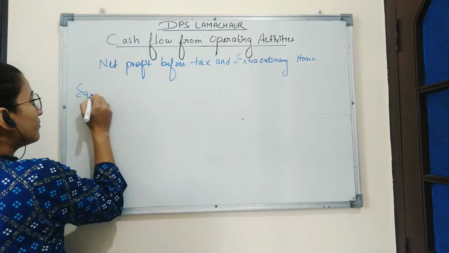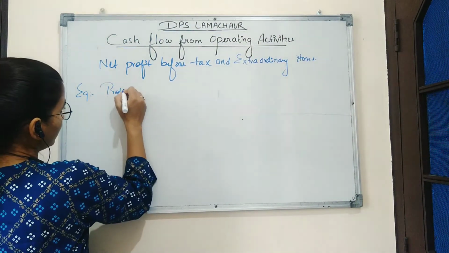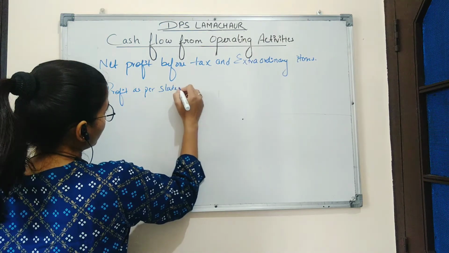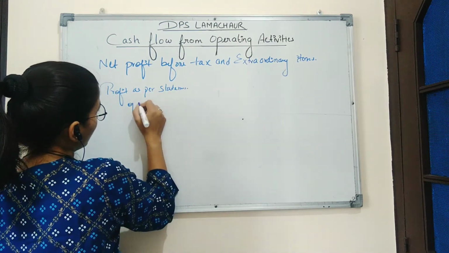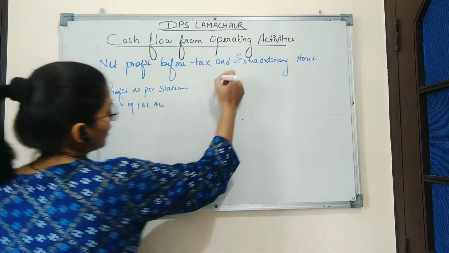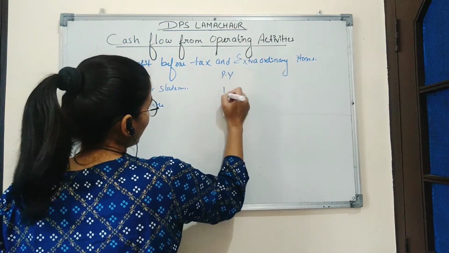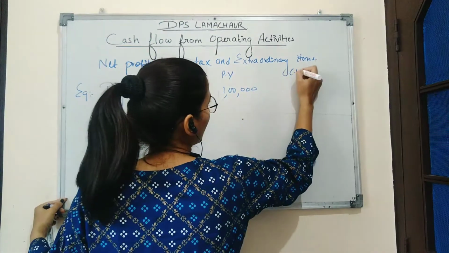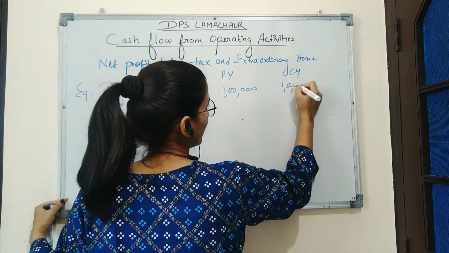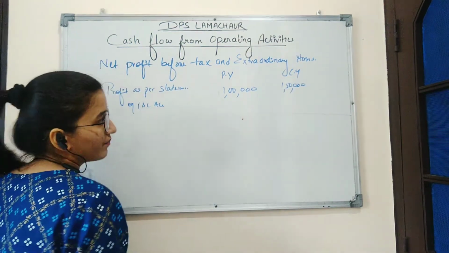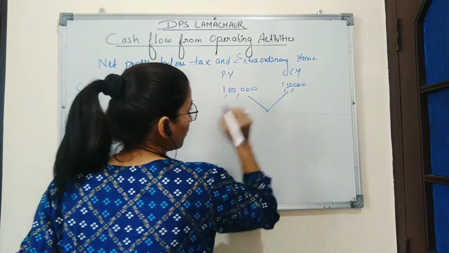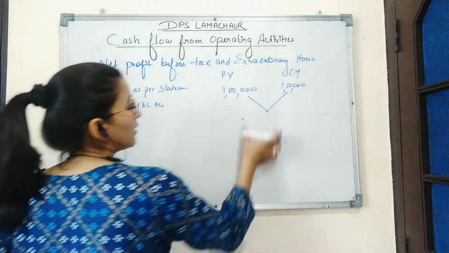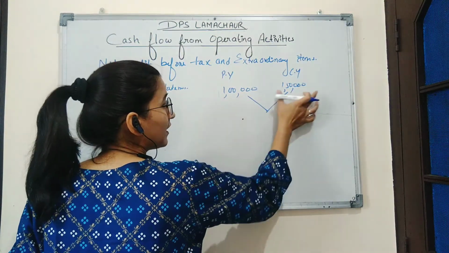For example, if the profit of a company as per statement of P&L account in the previous year is 1 lakh rupees, and the current year profit of the company is 1,50,000, we will take the net profit as per statement of P&L account by subtracting the previous year profit from the current year profit.